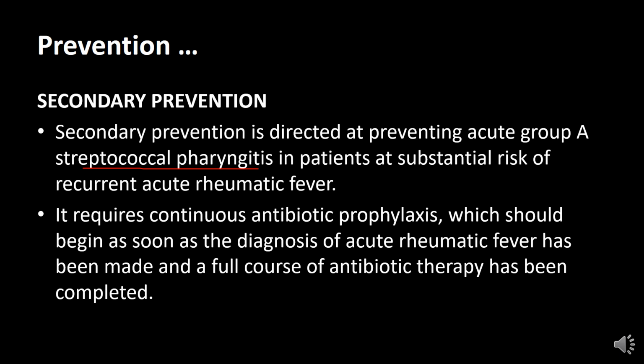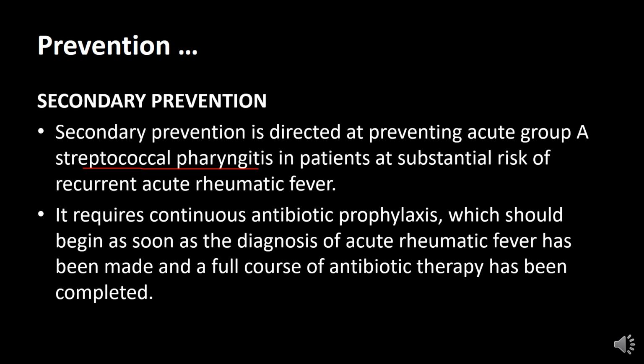So remember we said any child who comes in with rheumatic fever, while we start them on anti-inflammatory medication, we also straight away start them on a course of antibiotics. If it is oral, 10 days, or you can give the initial single dose of benzathine penicillin. That is the initial one to eliminate the streptococcus. These children have already suffered rheumatic fever.